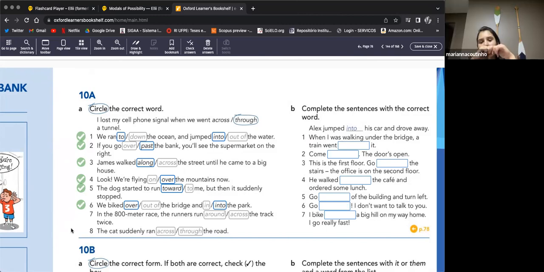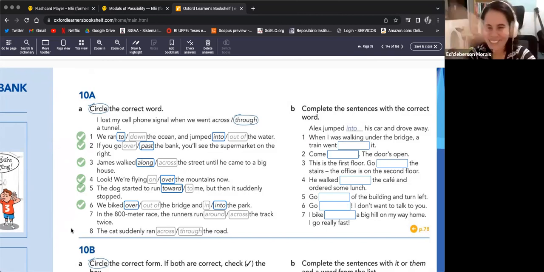Eu te falo em português que não dá para traduzir usando a mesma expressão. Around é em volta, ok? Deu a volta. E across é atravessar de um lado para o outro, ok? So it is around the track twice, ok? Around. Deu a volta na pista. Around the track. Okay.